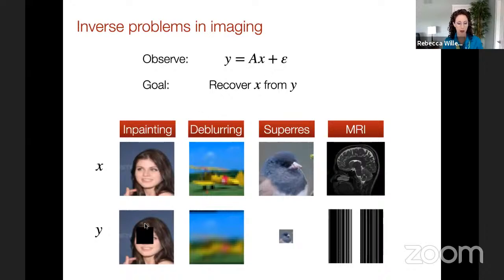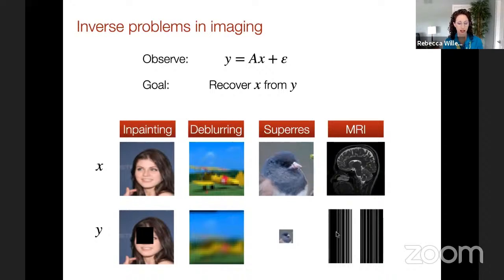For example, there might be some pixels in your sensors that are dead, so you only observe a subset of the pixels in the image, or your image might be blurred. It might be lower resolution than you want, or in settings like medical imaging, such as MRI, you might observe k-space or Fourier transform measurements, a limited subset of the Fourier transform coefficients of your image.